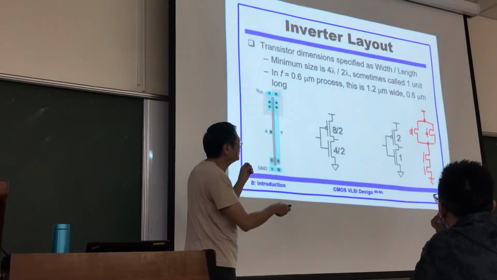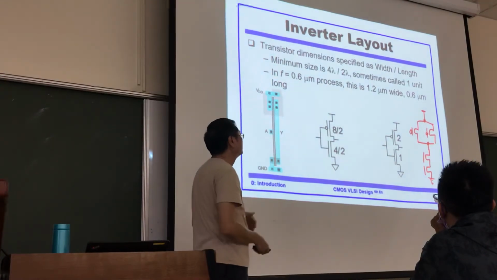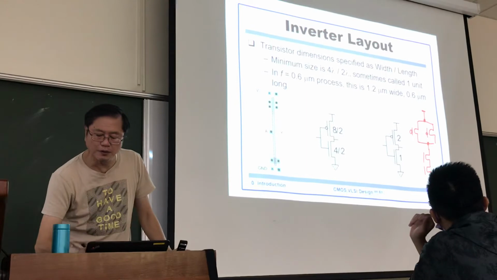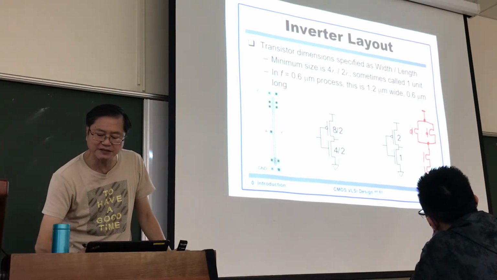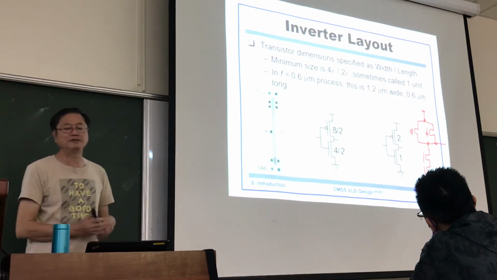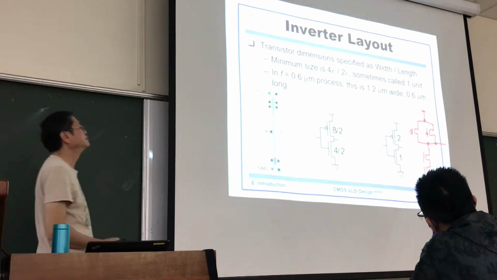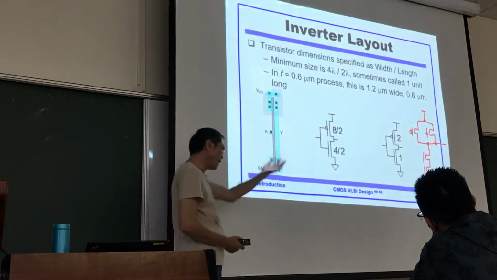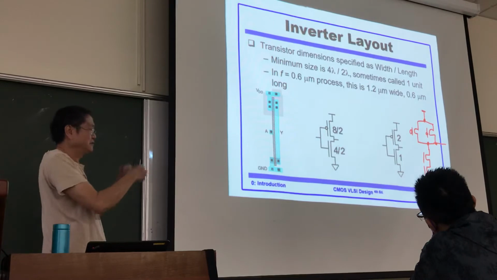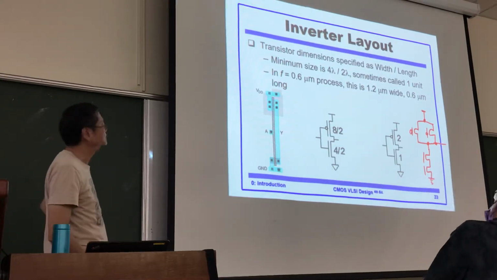B input connected to this PMOS and this PMOS. And then, can you tell me what is going to be the size for each transistor, such that you can get the same switching speed from low to high, high to low. The idea is similar, but it's more complex in this example.